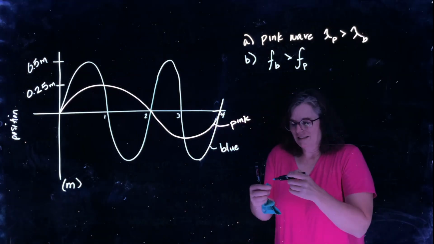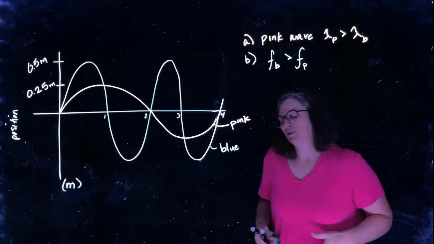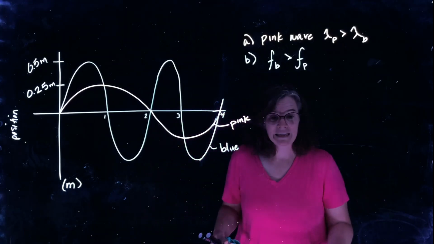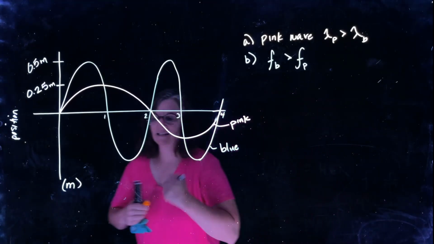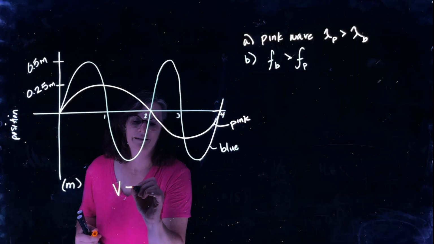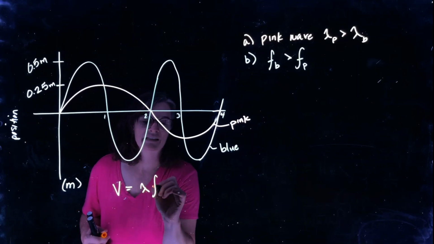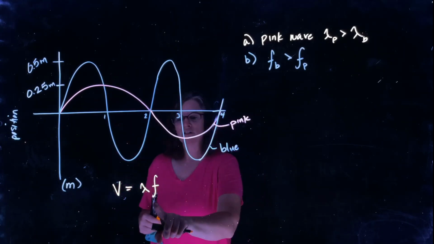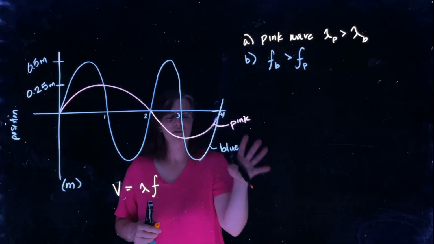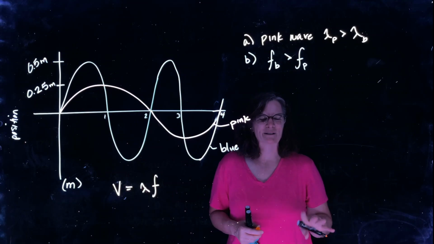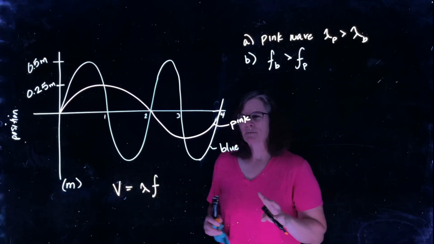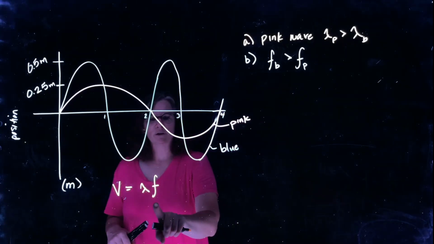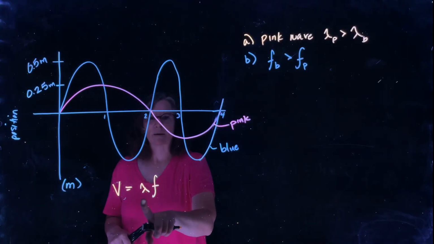Now, does that make sense from what we learned from a mathematical standpoint? Remember that we learned that the velocity, the wave speed, was related to the wavelength times the frequency. We're going to dive a little deeper into wave speed. Let's imagine these waves are traveling along together. If I increase my frequency, I decrease my wavelength.